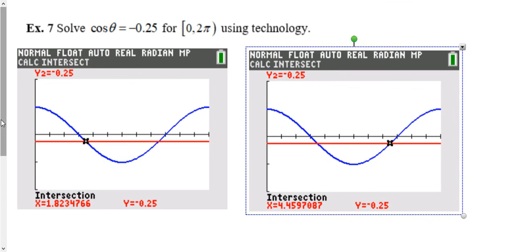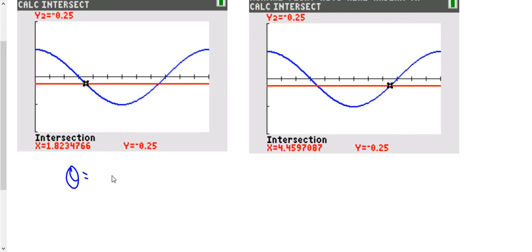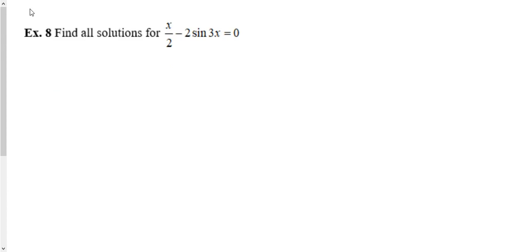So let's just quickly jot down our answer for theta. So here I have theta equals 1.82 radians, and theta over here is equal to 4.46 radians. There we go.